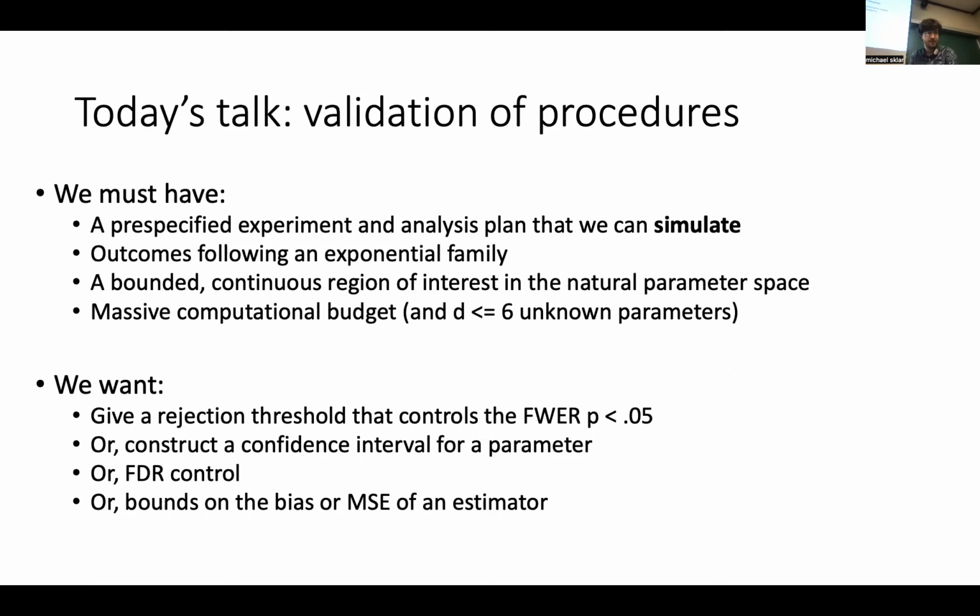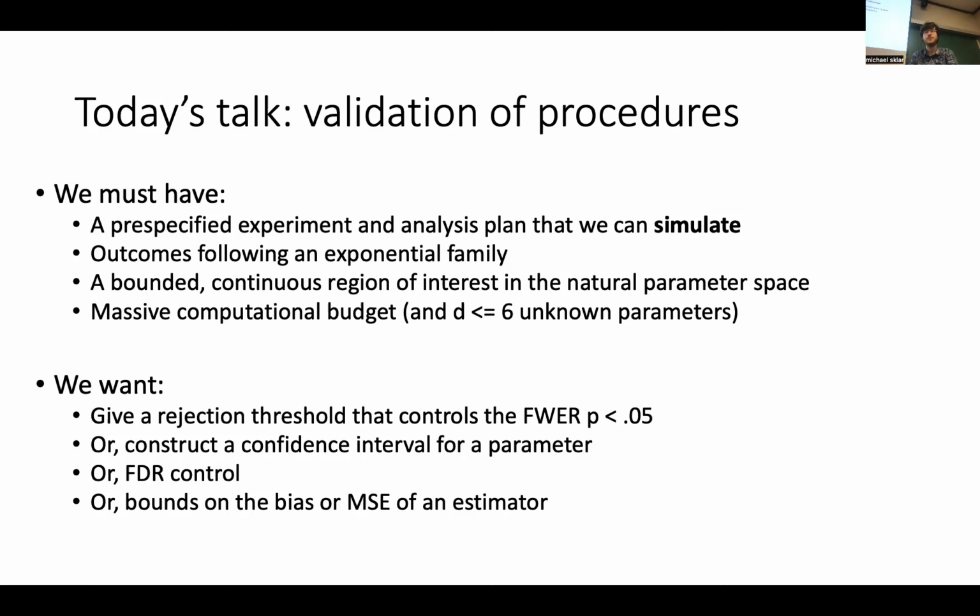We're going to require some pre-specified experiment and analysis plan, and we're going to say we have access to a simulation of it. We're going to require that our outcomes here are exponential family. We're going to need some bounded region of space that we care about. If it were infinite, okay, that's an infinitely large computational problem. Let's make it finite, and let's make it finite specifically in that exponential family's natural parameter space.